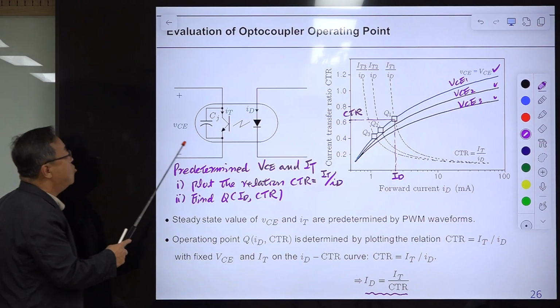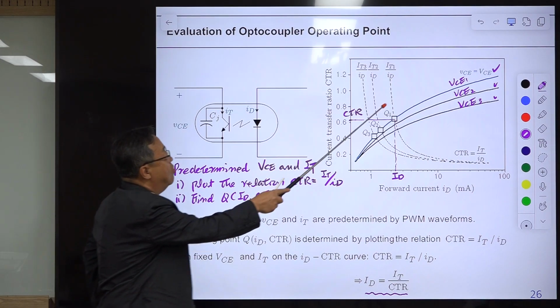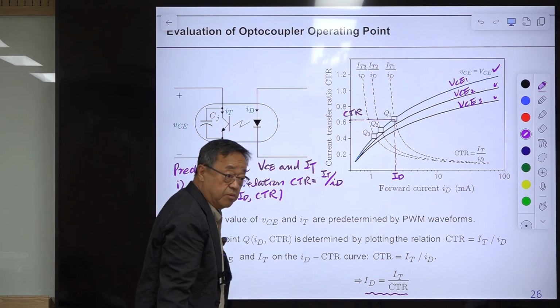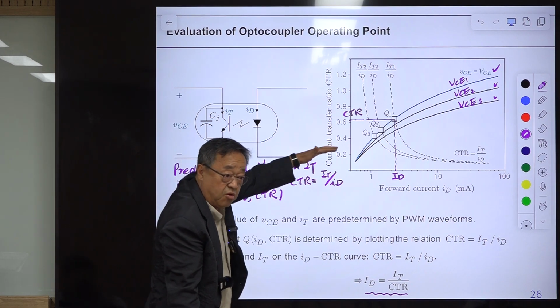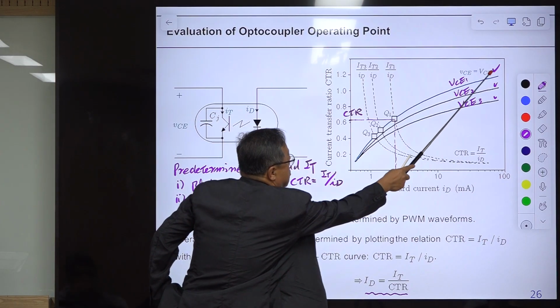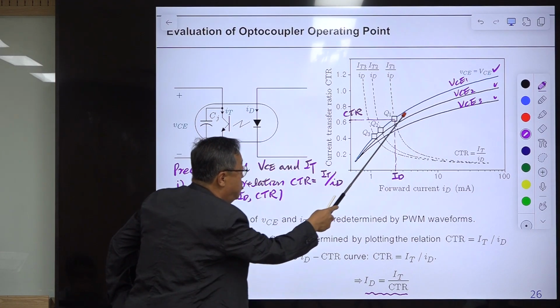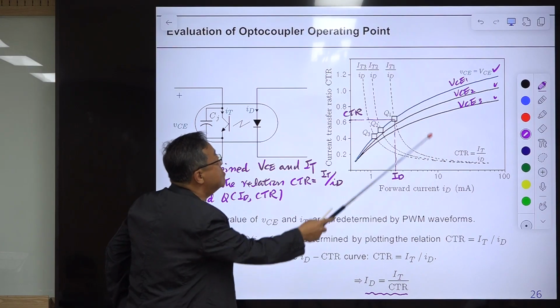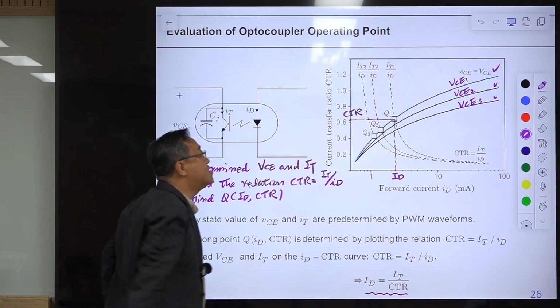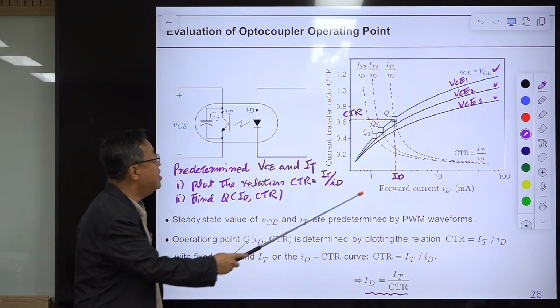So what you know is this voltage. So VC 1, 2, 3, you select one, maybe the closest one. Assume your case belongs to this curve. So you have this curve and this axis, and the equation is this one.